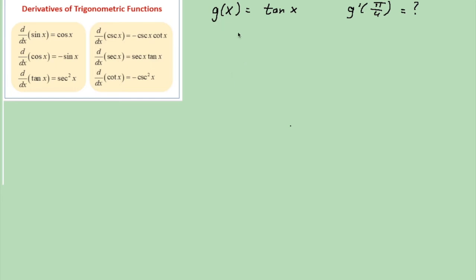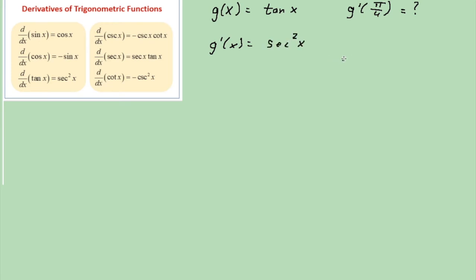It says g of x equals tangent of x, and it wants us to evaluate g prime of pi over 4. We'll start by evaluating what g prime of x is, and g prime of x, or the derivative of tangent of x, is secant squared x. So we'll write that over here.